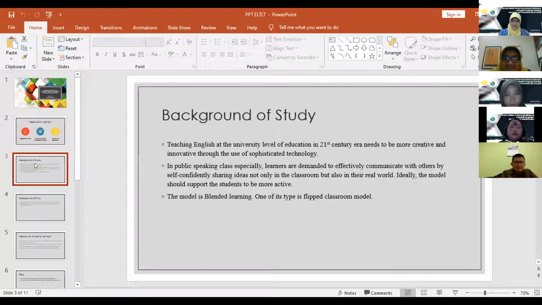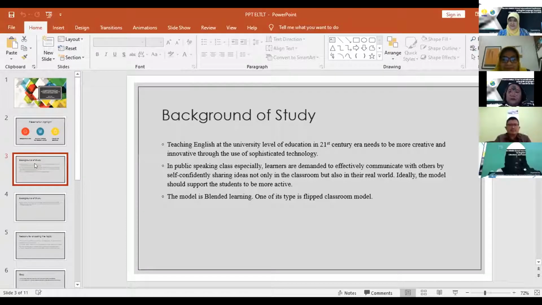And one of the uses of technology in blended learning is called the flipped classroom model.